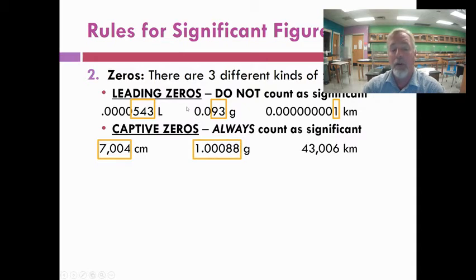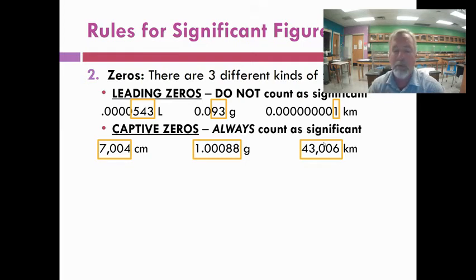There's not a digit in front of these zeros, so they are leading. They do not count. These zeros in our 1.00088 are captive. They're surrounded. They do count. And finally, our 43,006. Again, these zeros are surrounded by non-zero numbers. They will count, and we will have 5 significant figures here.